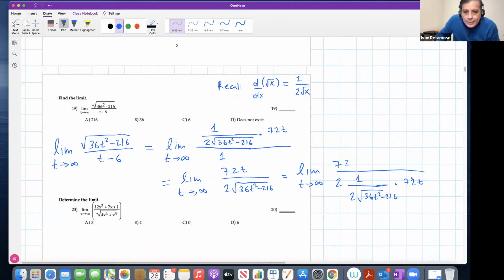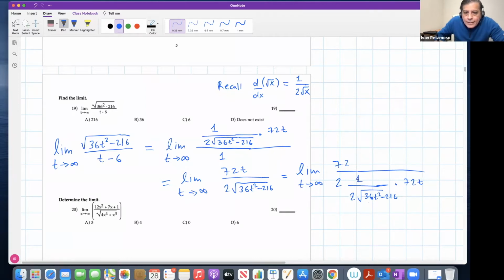I think this one is going to keep me going. It's not going to give me the answer if I use L'Hopital's, because this will come back to what we started with. So for this one, we have to use the method that I gave you before, because L'Hopital's rule keeps giving me the same form for this function.